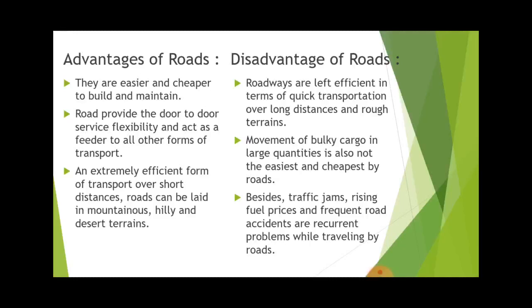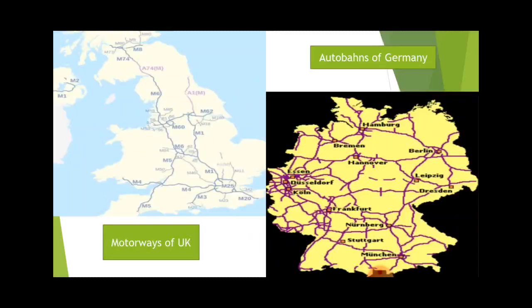Now, the roads, which are the artery of any nation, are known by different names in different parts of the world. You have seen the different lanes used for the road, like 6 lane, 8 lane, 4 lane.